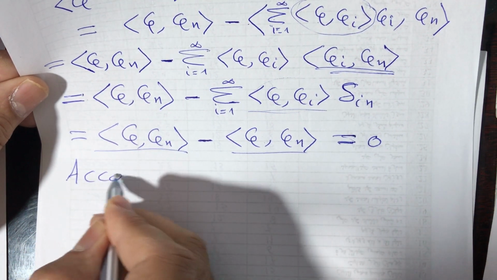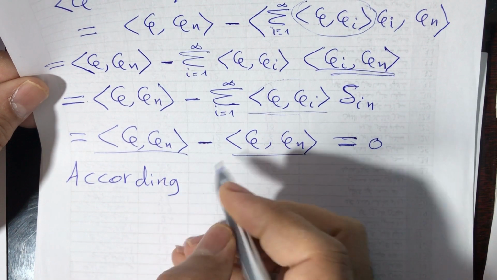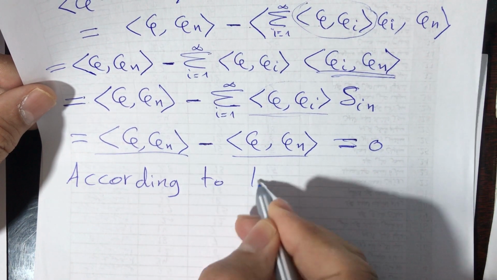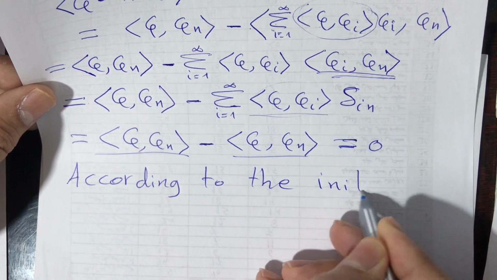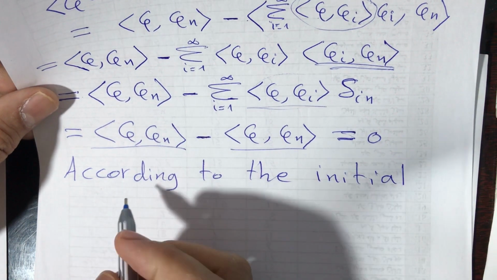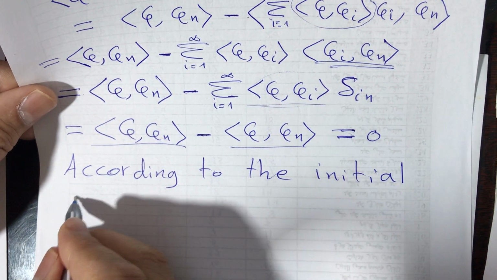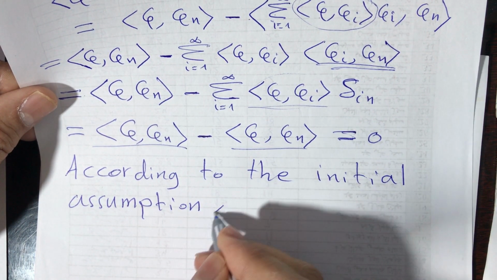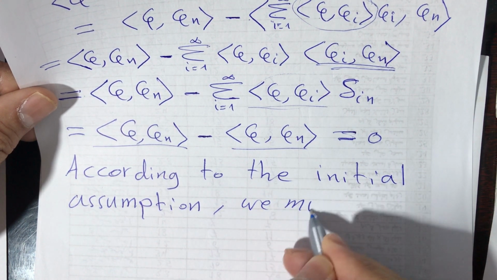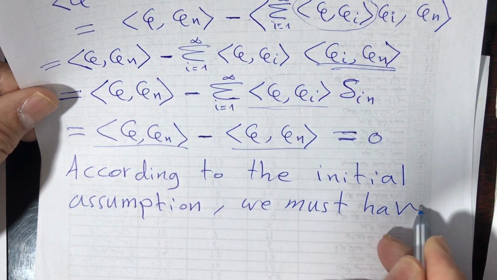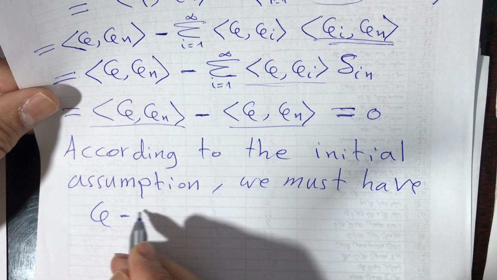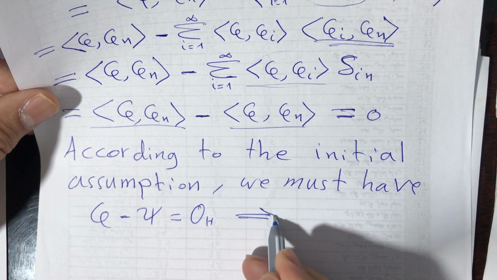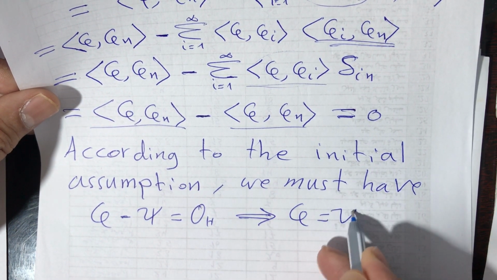According to the initial assumption, we must have phi minus psi equal to 0 in H, and this implies that phi is equal to psi.